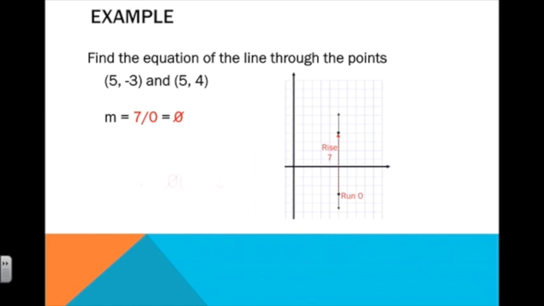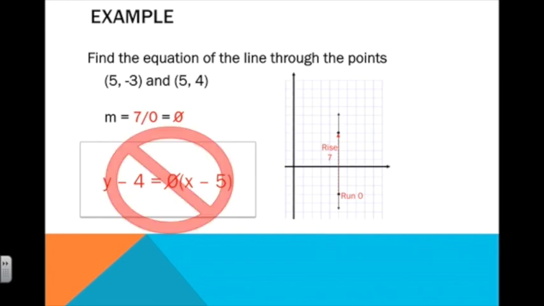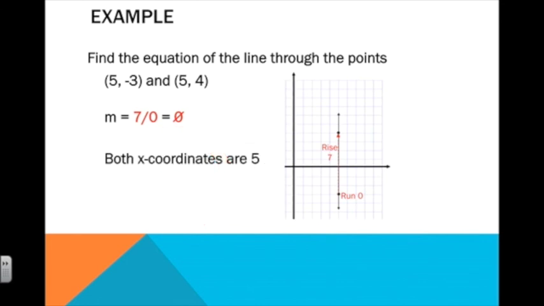Now notice with this, if you try to use point slope form, you're plugging in undefined for m, and that's impossible. That's not a number. You can't do that. So we have to have a better way. We have to recognize that both x coordinates are 5, and therefore we can write down our equation x equals 5.